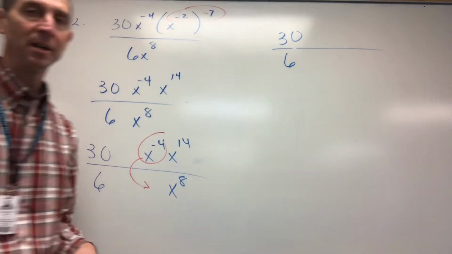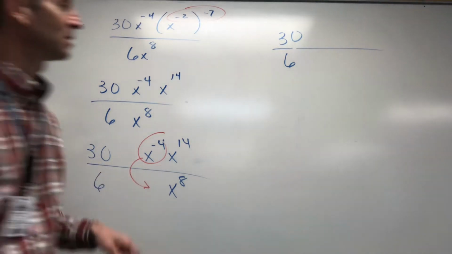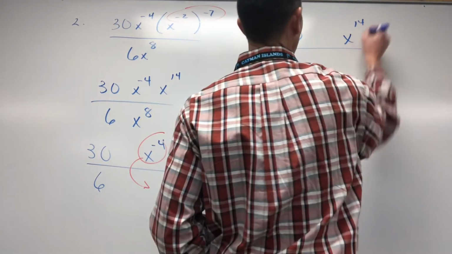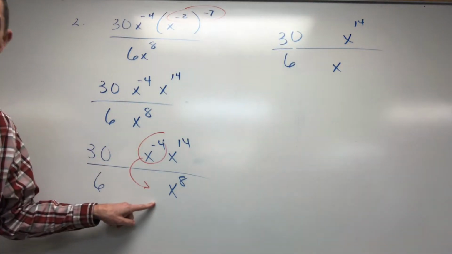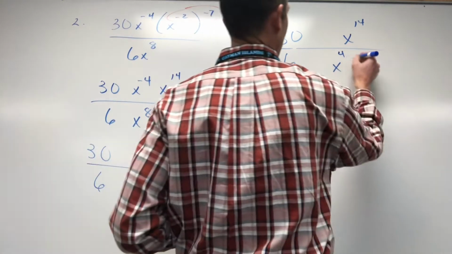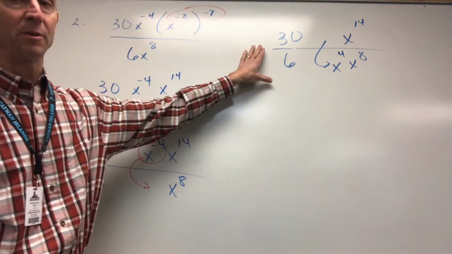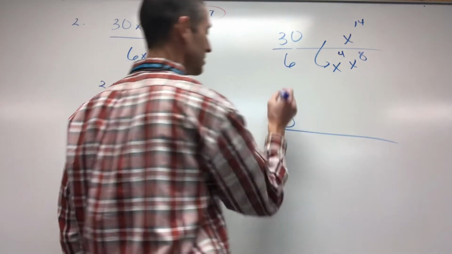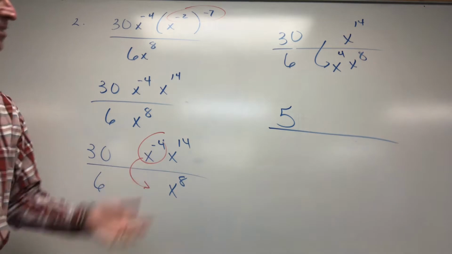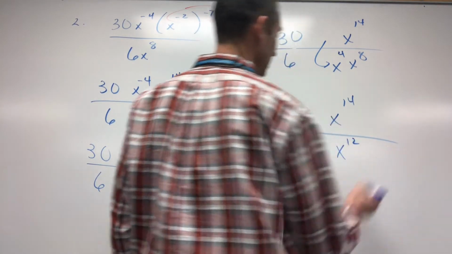So for just my numbers, I've got 30 and 6. That's going to divide nice and neat. I've got an x to the 14th up top. This was -4. I'm going to move it down and make it +4. So I've got my numbers to deal with. I've got my x's to deal with. 30 divided by 6, that's just 5. I like that. Here's x to the 14th and x to the 12th.